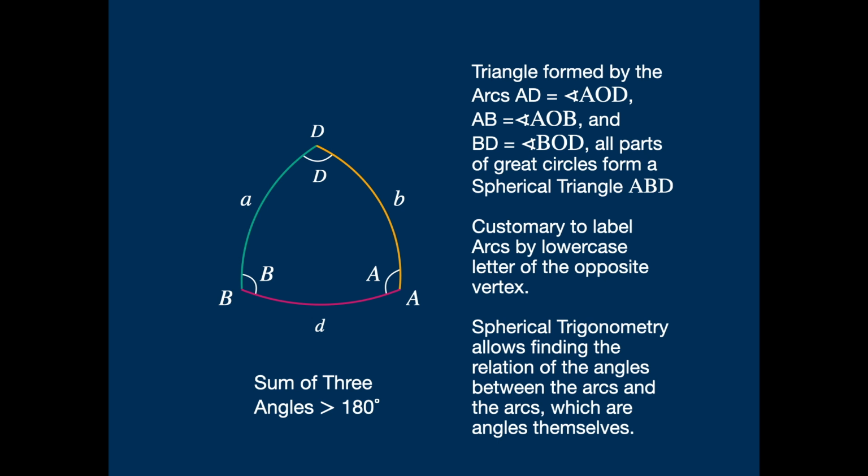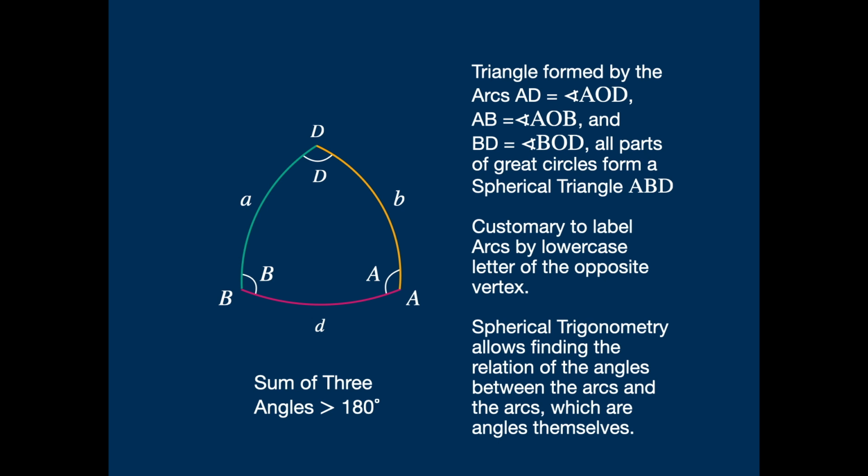Then we form a spherical triangle, for example, this is DAB. It is customary to label the arcs by the lowercase letter of the opposite vertex. So we have an arc AD here, labeled b. Arc AB is labeled d, opposite to vertex D. Arc DB is labeled a, opposite to vertex A.